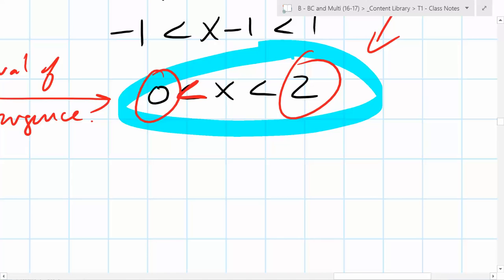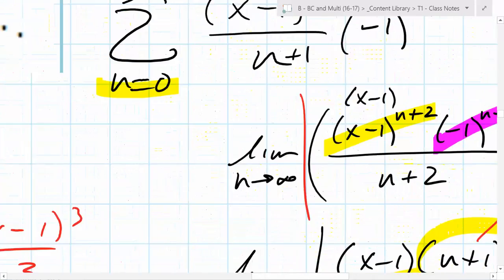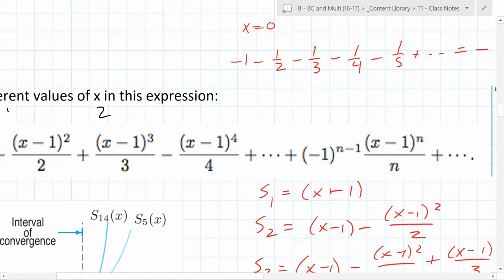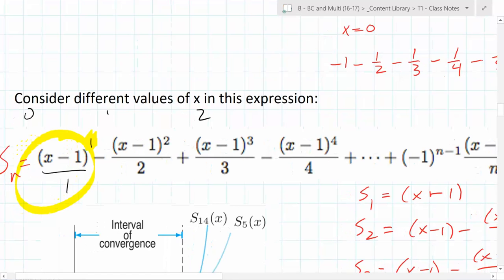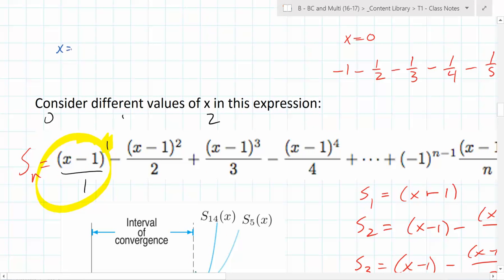Now what do we plug in? 2. If we now plug in 2, what is the first term? 1. What's the next term? Literally plug 2 in. 1/2, plus 1/3, minus 1/4.